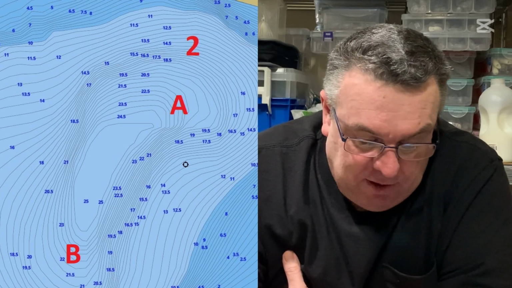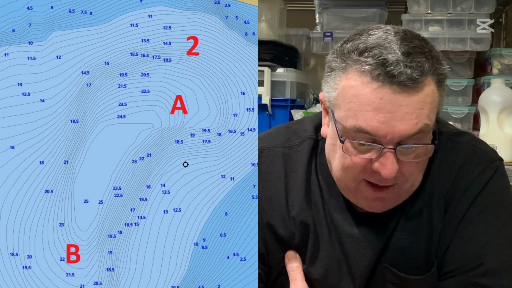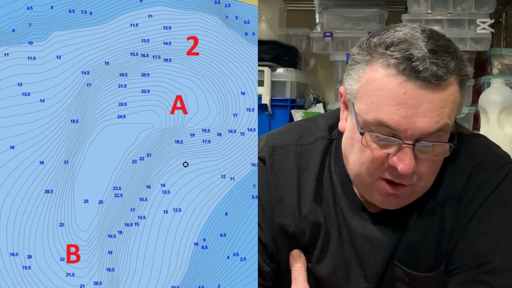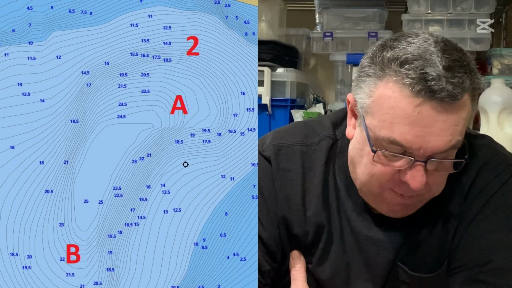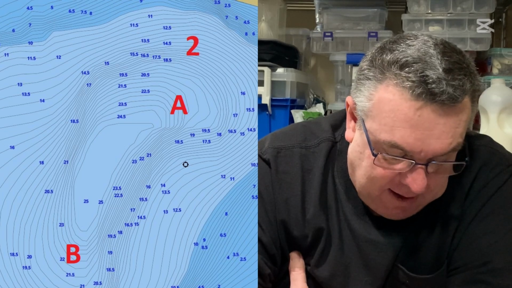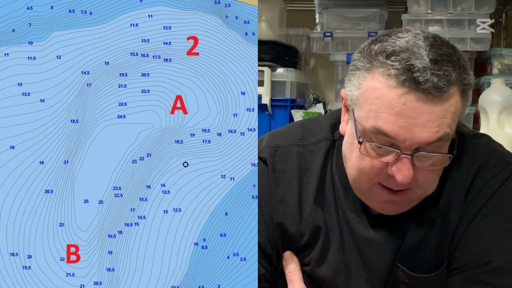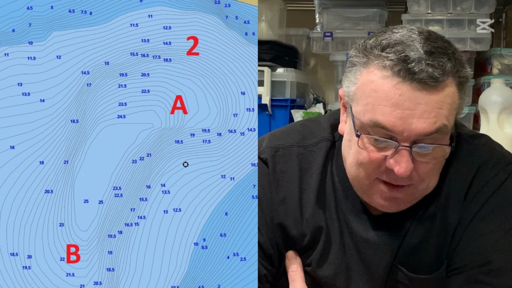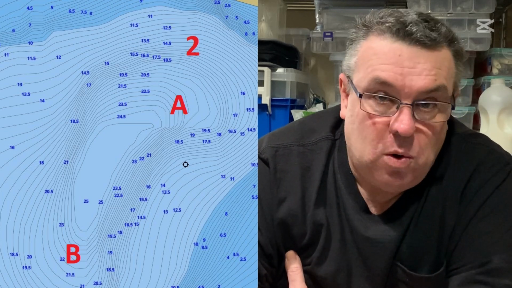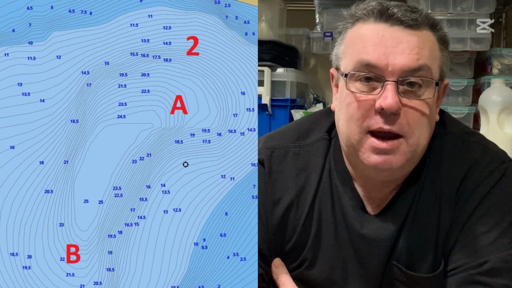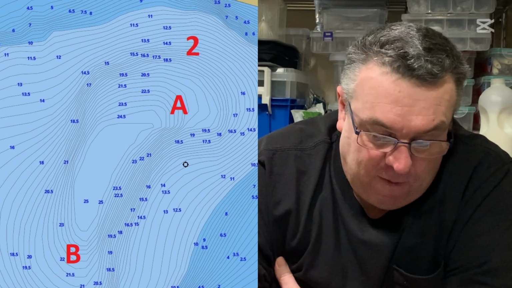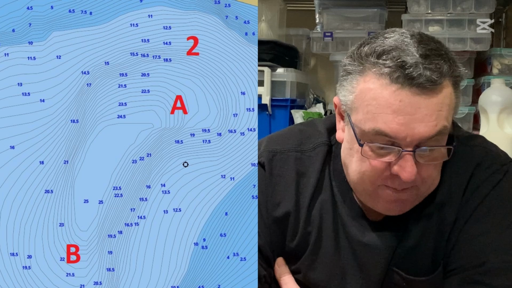It's where the contour lines come very close together, but it's also kind of funneling towards the deep water. Areas A and B are areas of deeper water going towards the deepest water. So those would be areas that would funnel fish from the shallows to the deep.